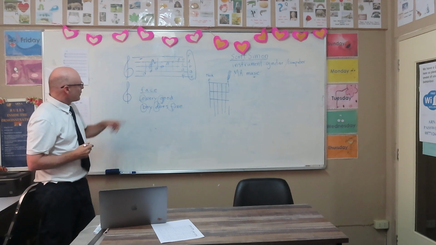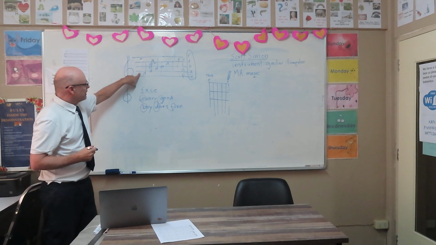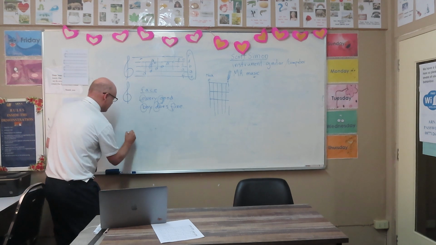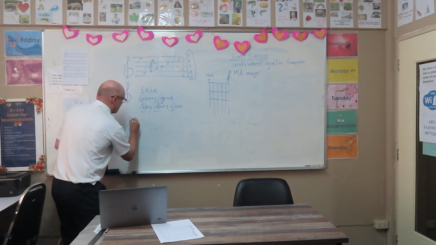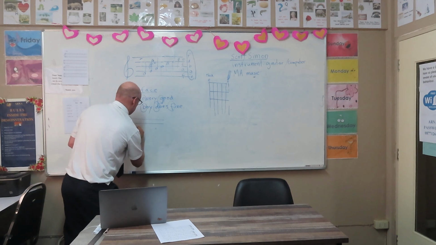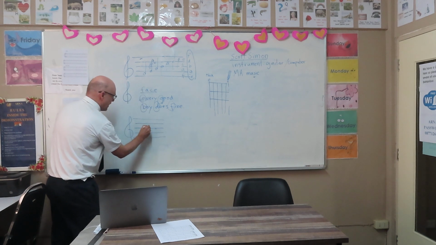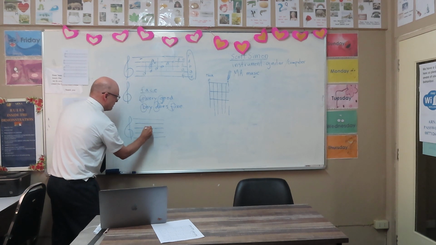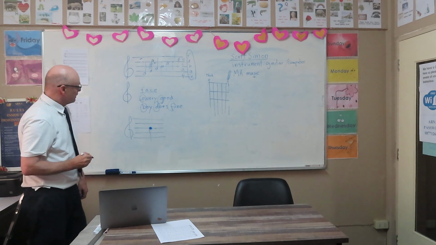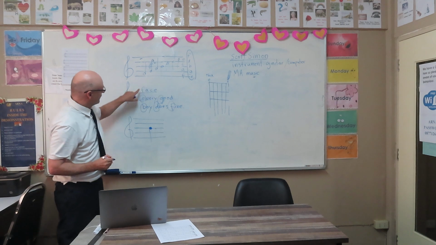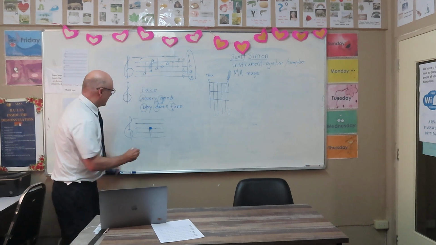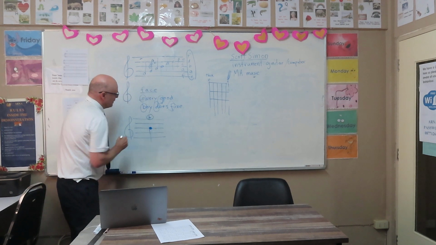So looking at this, if we have another staff down here and we just give someone a note there, say, then they can reference this and say, okay, E, G, B, that's a B note.